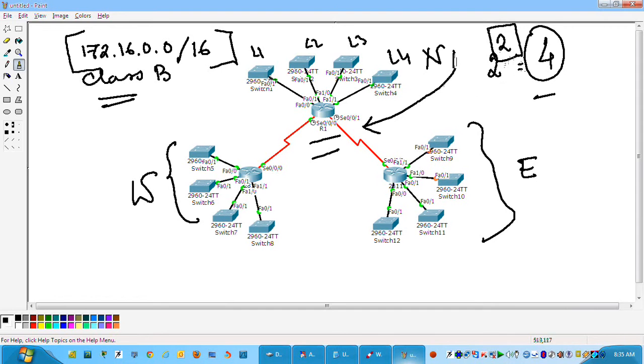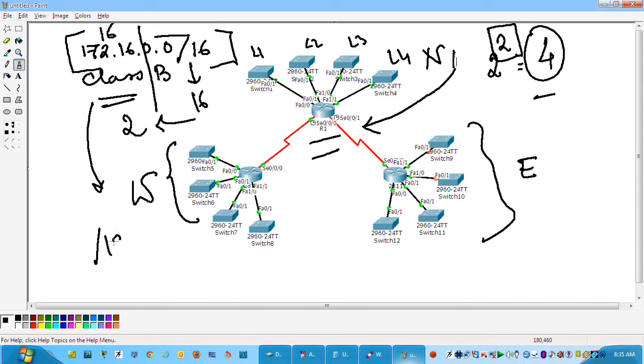So this is the 16-bit network. From the 16 host bits, I have to borrow 2 bits. That means it has to be /18.